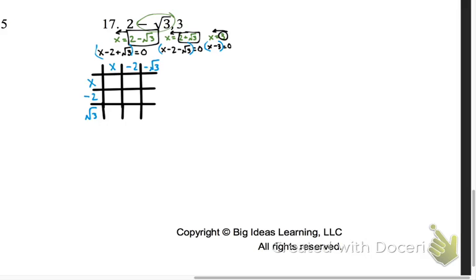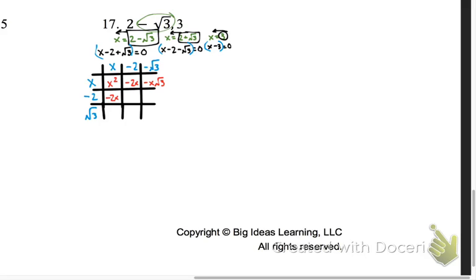So if I go ahead and table all of this and just multiply, x times x is going to give me x squared. X times negative 2, I'm just going to go across, is going to be negative 2x, and then I'm going to have negative x times the square root of 3. Go into the next row. Negative 2 times x is going to give me negative 2x.